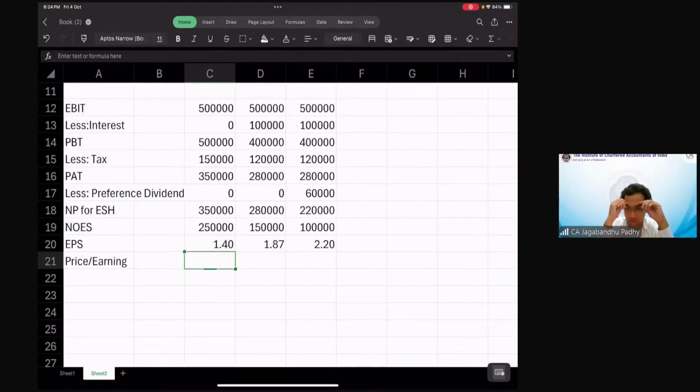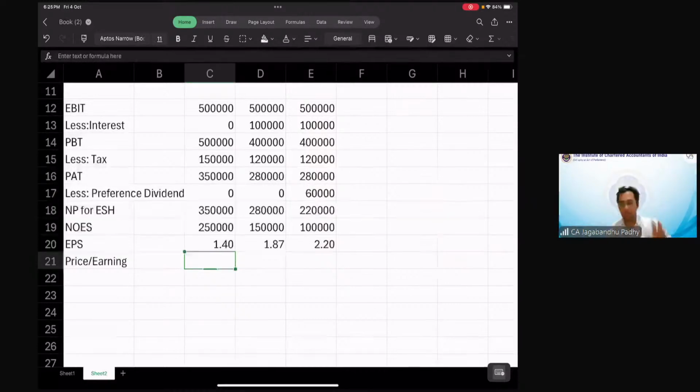Over or under price? No. How many times wealth? No. The price to earning ratio was indicating the confidence of the shareholders. Higher the price to earning ratio, greater is the confidence of the shareholders.